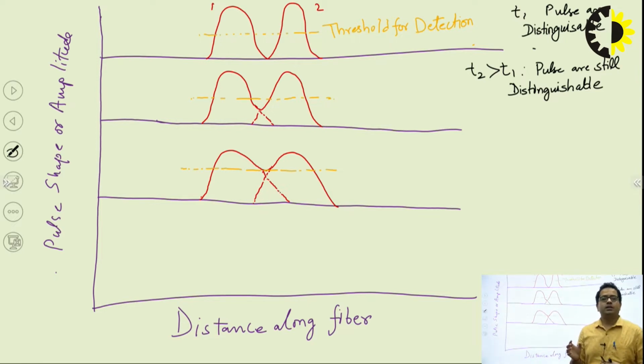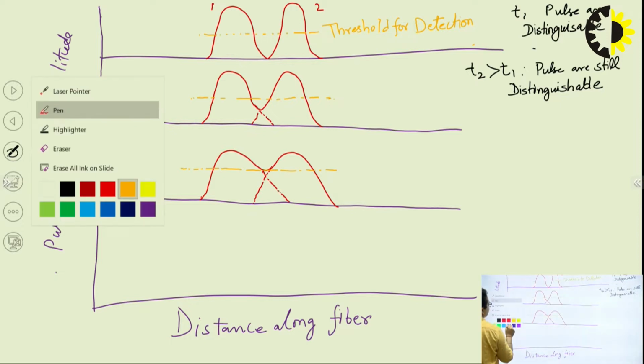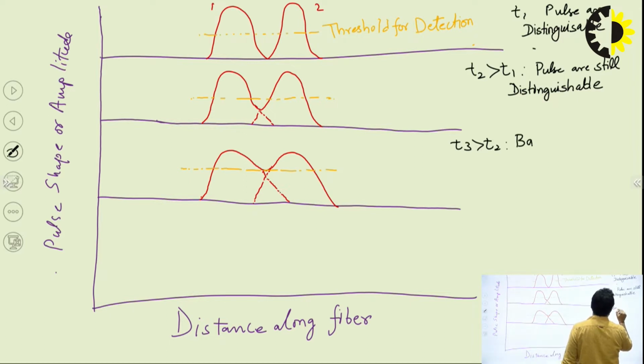In this case, dispersion is just about to surpass the level of signal strength which can be easily detected by the receiver. So in the third case, the two signals are barely distinguishable. At time t3, which is greater than t2, it is hard to distinguish between these two pulses.